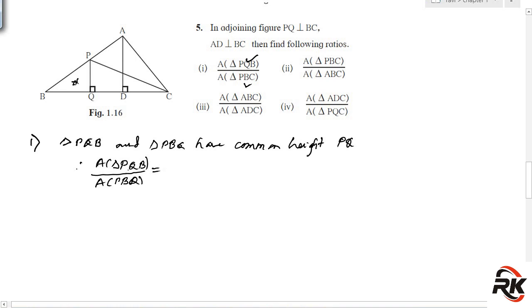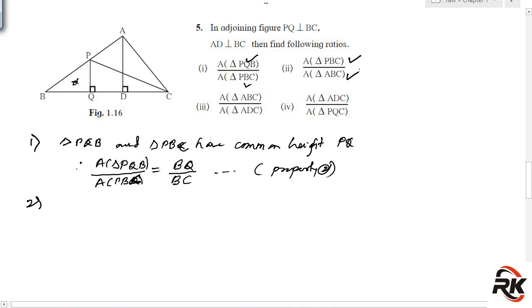Base of triangle PQB is BQ and base of triangle PBC is BC. Triangles having equal height, means property number second.